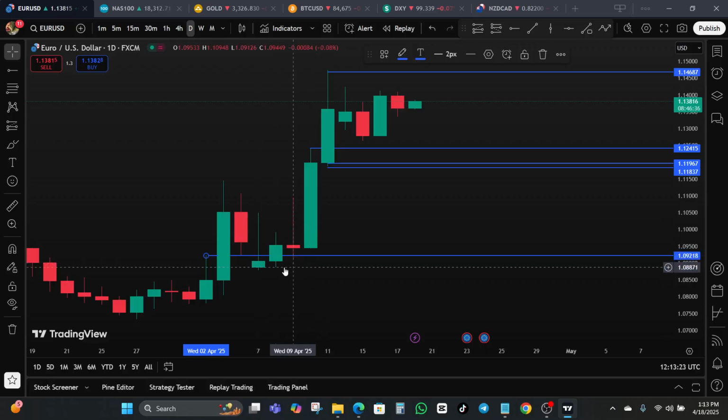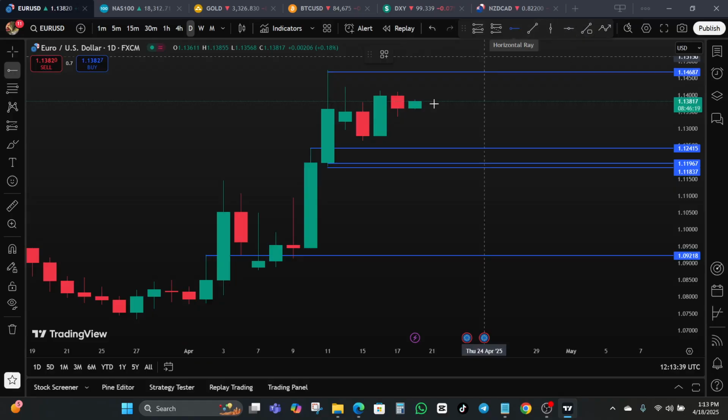You also have to use the open as a reference point. If price is trading above the open, the bias is bullish. If it is below, the bias is bearish. You can still use the daily open, high, and low for trading even within the day.